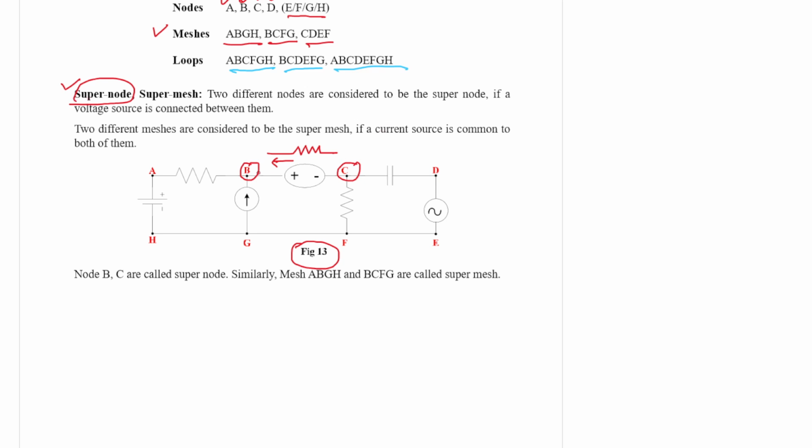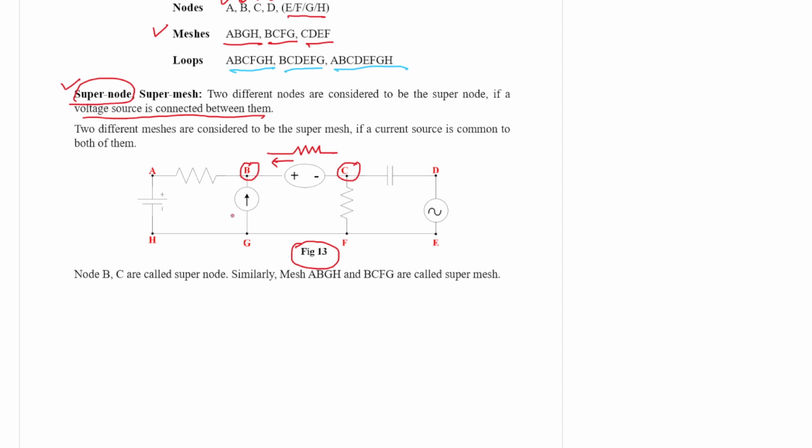So when a voltage source is connected between two nodes, then these two nodes are considered to be a supernode. Similarly, in the case of two meshes with a current source in between, I do not know the voltage drop across BG.